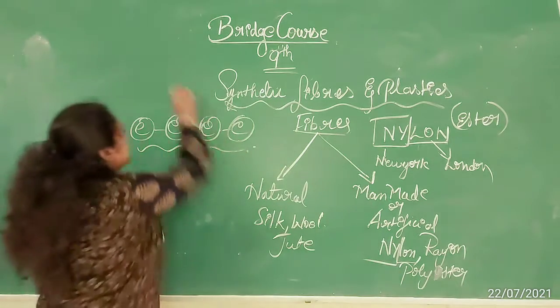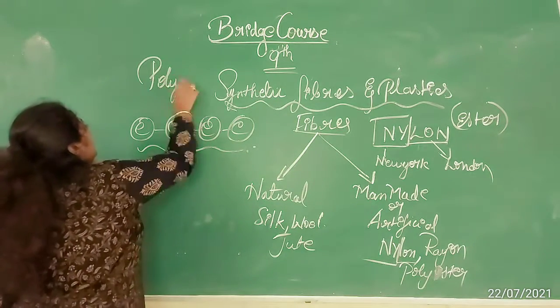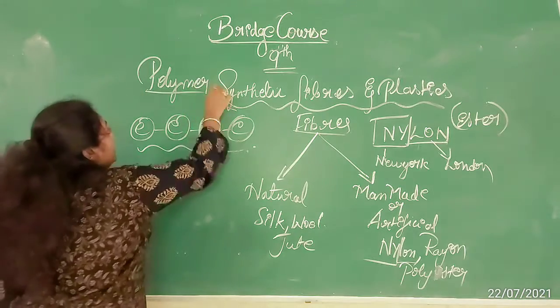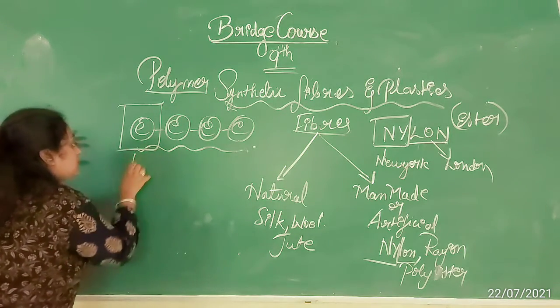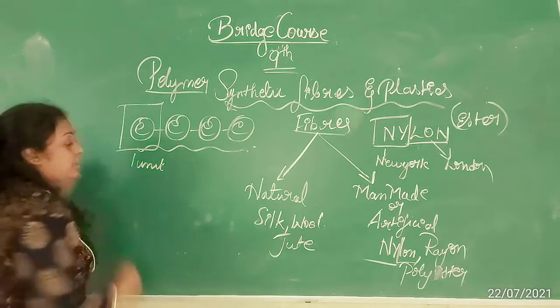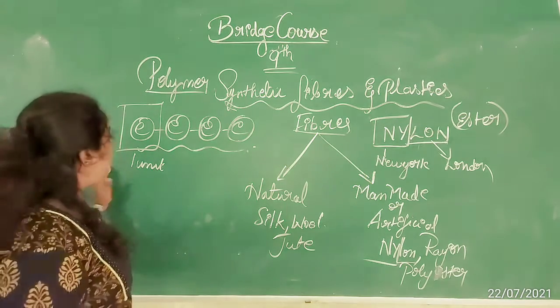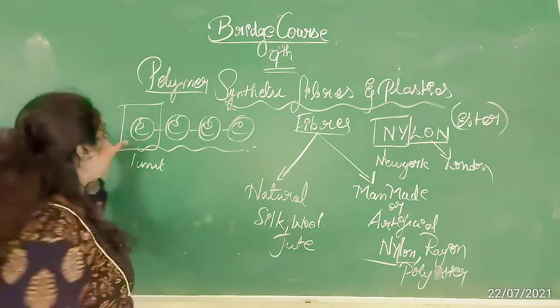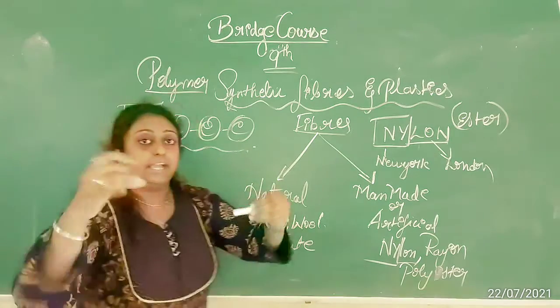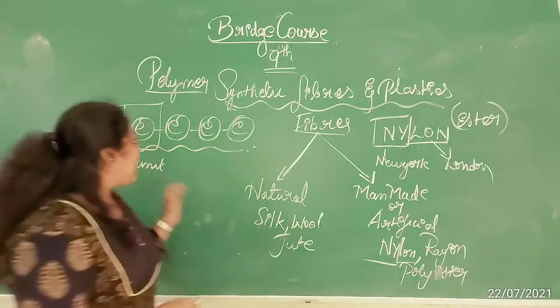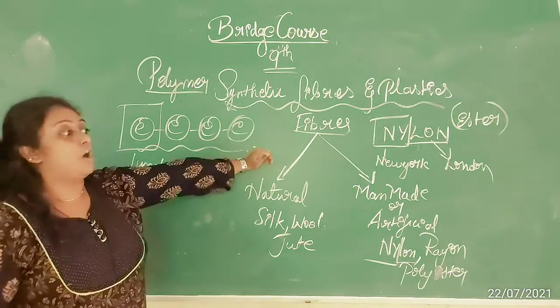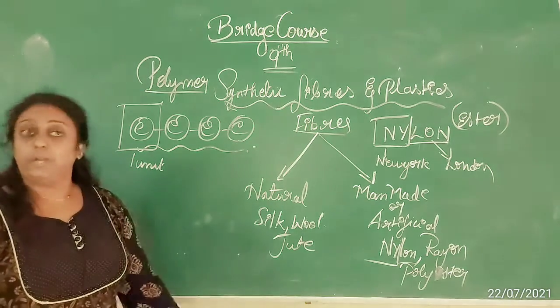Now, what is polymer? Polymer means this single thing is one unit, one unit of ester. When I take several and make chains, that single unit making a long chain is said to be your polymer.